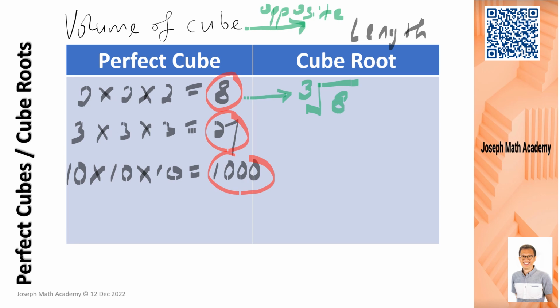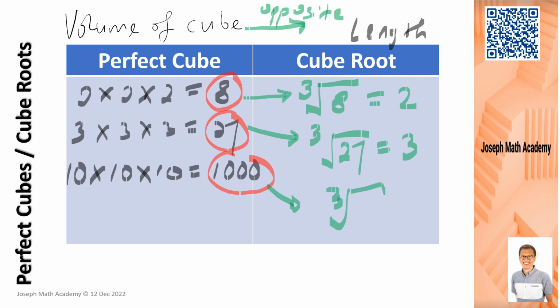Cube root of 8 gives us 2. Cube root of 27 gives us 3. And cube root of 1000 gives us 10. So that's a very simple illustration of what a cube is, what a perfect cube is, and what the cube root of a number is.